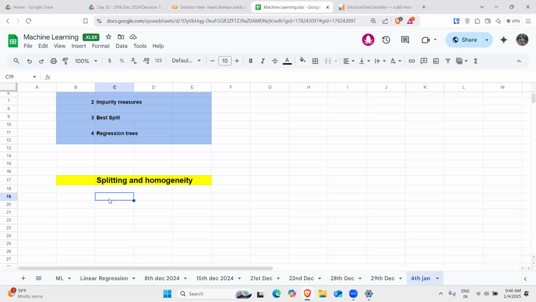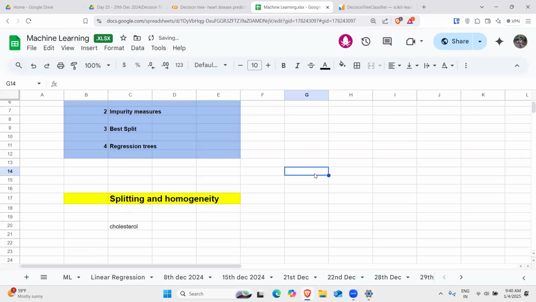Now, if you are a doctor, you would know which questions to ask first, right? When the person might be at risk of heart disease, the doctor would probably first ask or measure the cholesterol of the person, right?